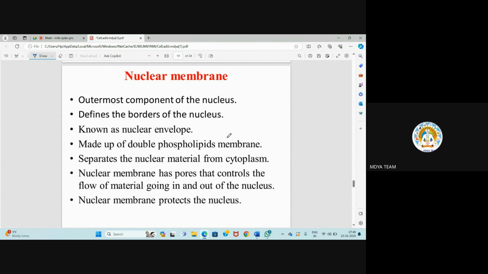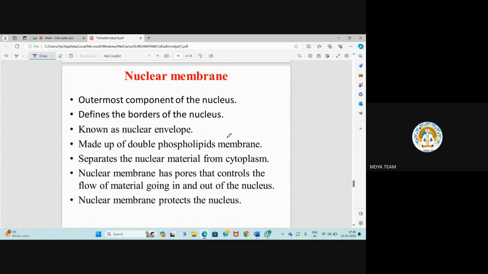Yes, very good. So here in nuclear membrane also we can see phospholipids are making the nuclear membrane and separates the nuclear material from cytoplasm. Obviously, if it is covering the nucleus, it will separate the nucleus from cytoplasm. Cytoplasm is present outside the nucleus.